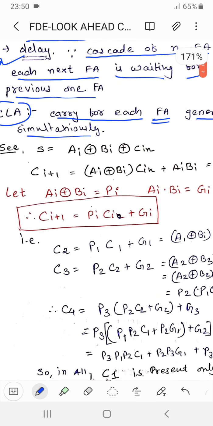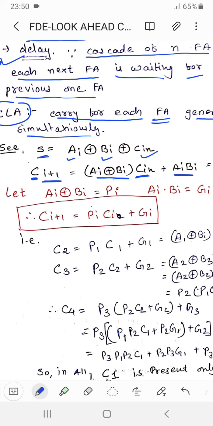Okay, let us see the sum. The sum is the XOR operation of both the inputs with the carry in. And the carry out of the full adder, which is the carry for the next stage, that is i plus 1, is the XOR of both the inputs multiplied with Cin, plus the AND product of both the inputs.